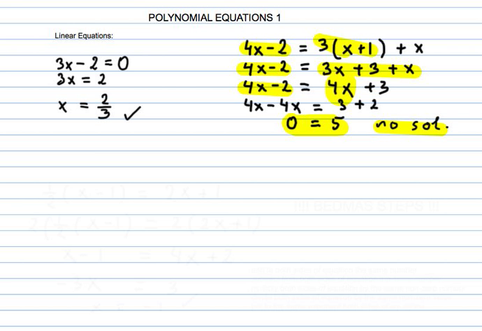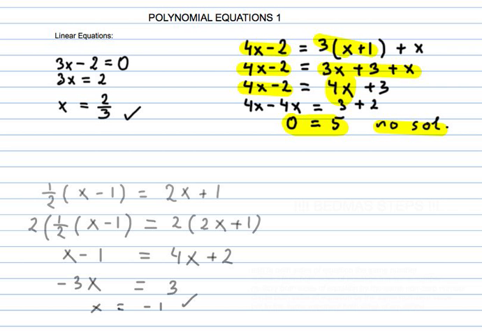And finally, on this page, we will show you another example with fractions. Whoa! Who doesn't like fractions? I hope you do. Anyways, let's look at this equation, and since we have a fraction on the left-hand side, you have an option here.